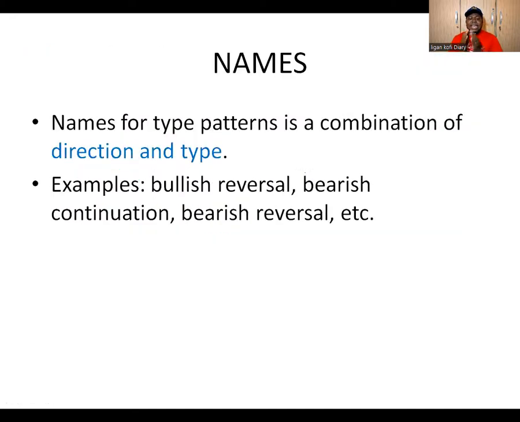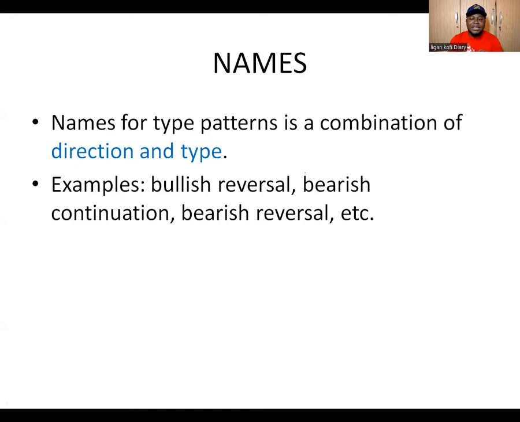Now, the names for the type patterns are a combination of direction and type. What I mean here is that, for example, before you say a bullish reversal, it means that the market is going bullish, and then we're about to see a reversal of the bullish trend. So we'll call that a bullish reversal pattern. Do you understand? So the patterns are grouped into two: the directional patterns and then the type patterns.